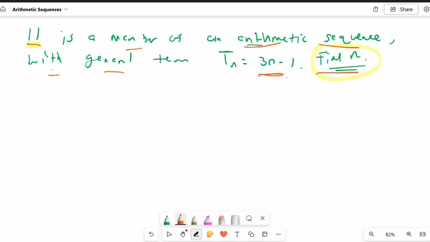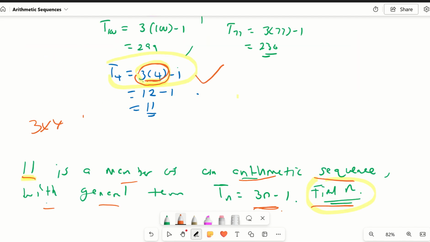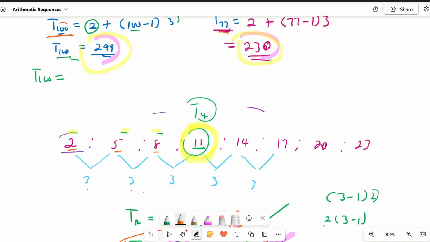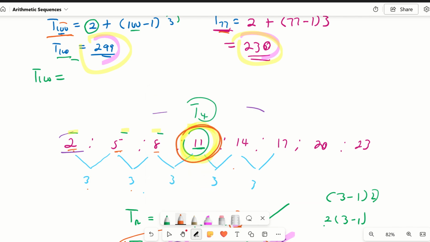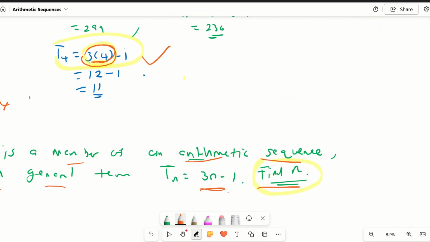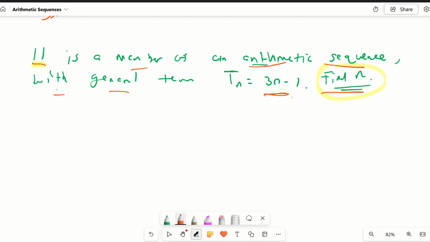So what is the question looking for? We know the sequence because we dealt with it, so we're just cheating. We know that 11 is member number 4 of the sequence, so your answer will be n equal to 4. They're just looking for the position of 11 on this number pattern. Do you understand what the question is looking for?